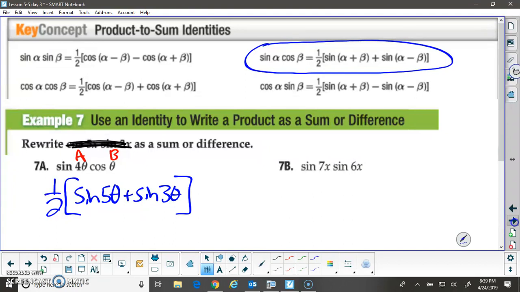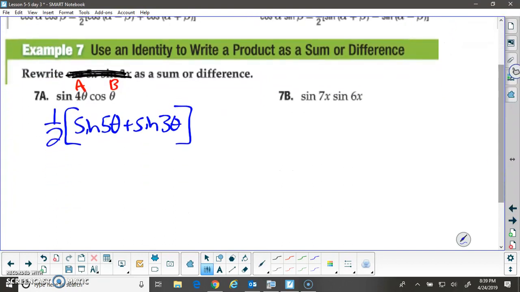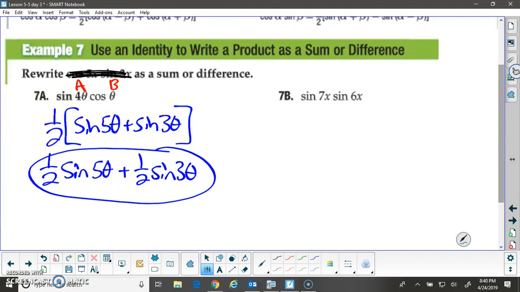Again, I'm going to distribute that 1/2, and that's going to give us the expression 1/2 times the sine of 5 theta plus the sine of 3 theta. Oops, I forgot my 1/2. Let's go back and fix that. I'm distributing. This would be my expression.